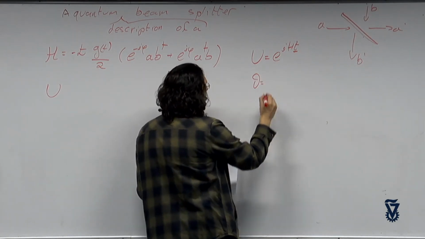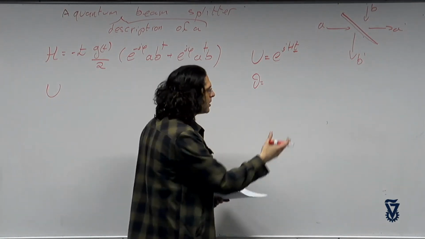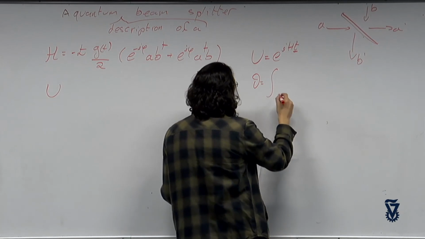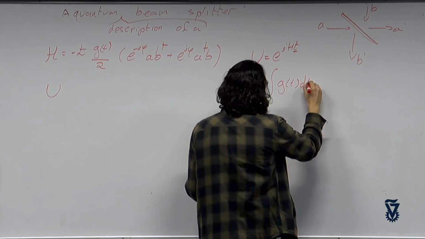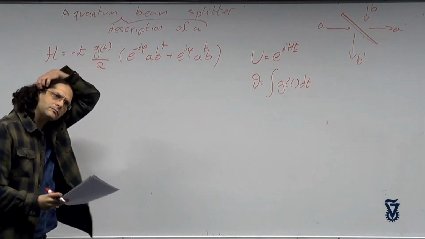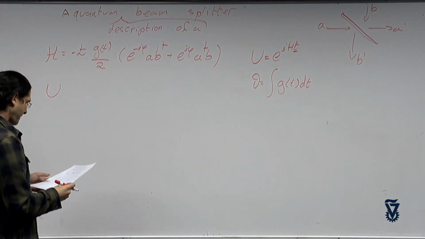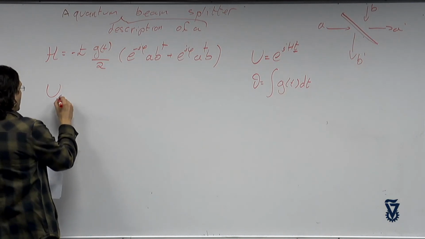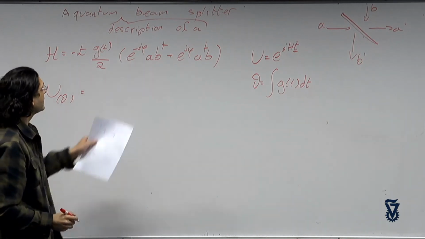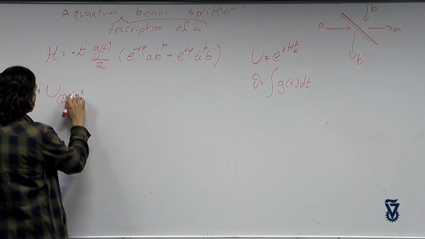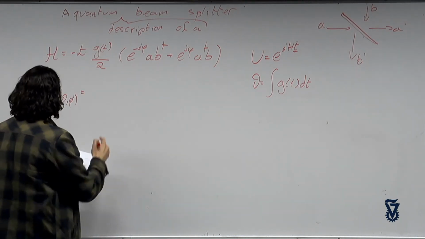So we're going to define theta, and we call it theta because it's exactly related to the theta that we saw in the previous matrix. This is just going to be the integral over the time, g of t dt. Now U of theta, in that sense, you can add phi here, because we also have phi for some additional phase shift.